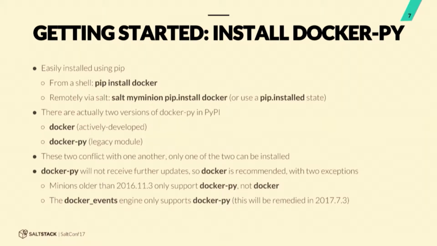So bottom line, if you're using 2017.7, you should be able to use the newer Docker Pi. The only exception is if you're using the Docker events engine. That was overlooked when I made the fixes to the state and execution module.